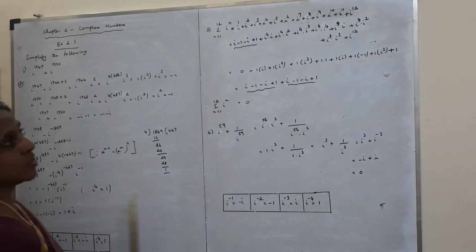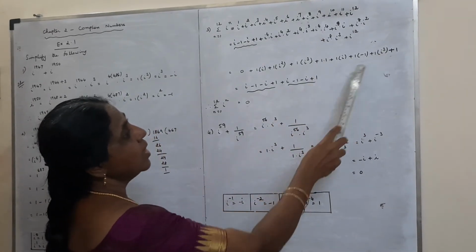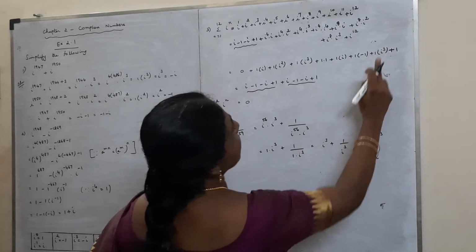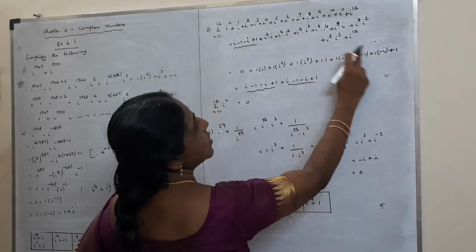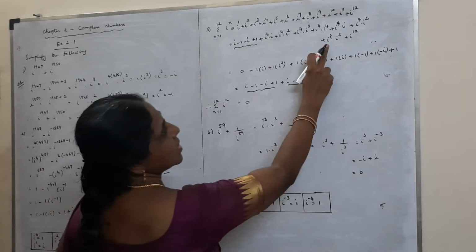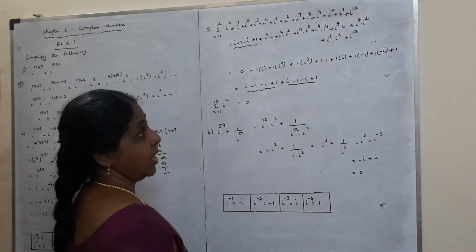You know i square is minus 1. Then i power 8 into i cube is what? i cube is minus i, so 1 into minus i. And i power 12 is 1.